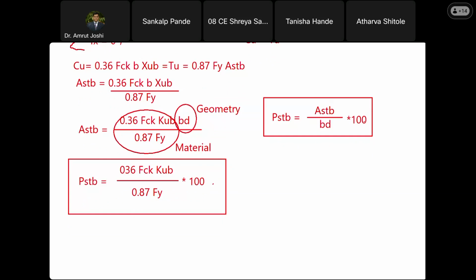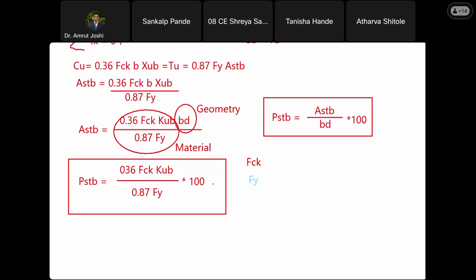Now, can we have a tabular form in which we will compute the percentage of steel for balance section for various grades of concrete and for various grades of steel? So let us do that. So what is going to be here? I'm going to have fck written here, and fy written below.